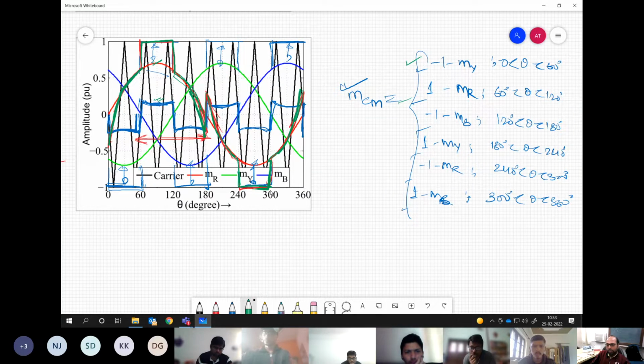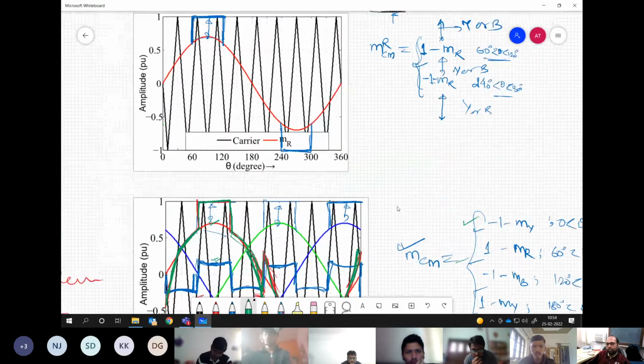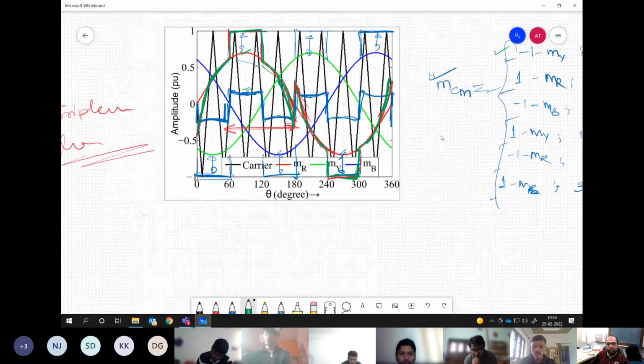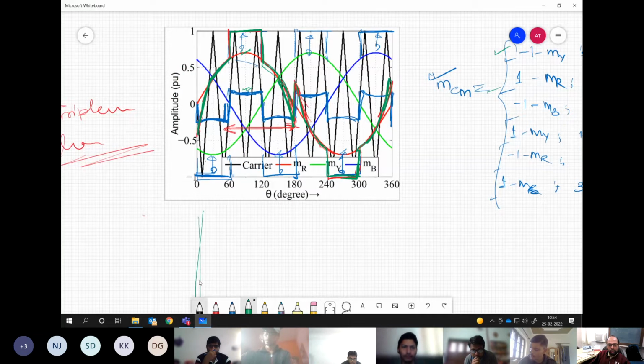So this is a new class of PWM, which is basically called bus clamping PWM. There are many ways to do bus clamping. The meaning of bus clamping is that you are clamping your modulating signal to the positive or negative peak. In effect, what will happen? Your PWM will get clamped to the positive VDC or minus VDC.